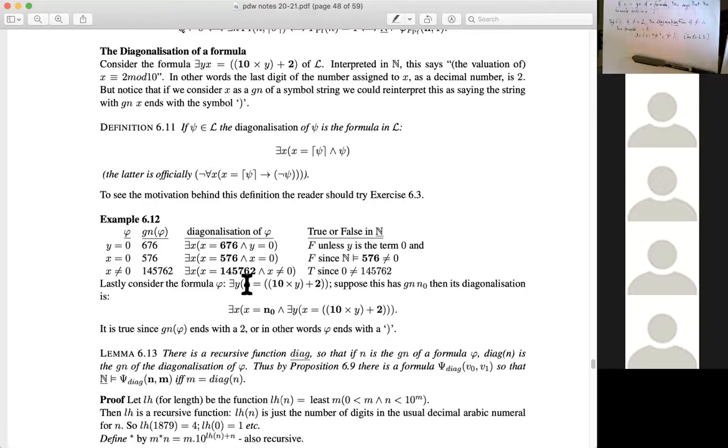So here's my formula phi. Let's just say its Gödel number, whatever it is, is n0. So the diagonalization, according to this definition, is there exists x such that x is the numeral for n0, and then the formula itself. So I've written out phi here.